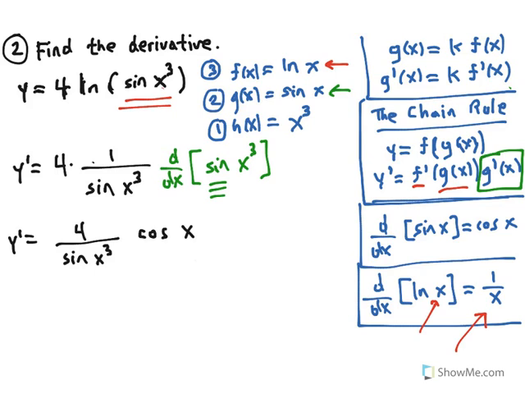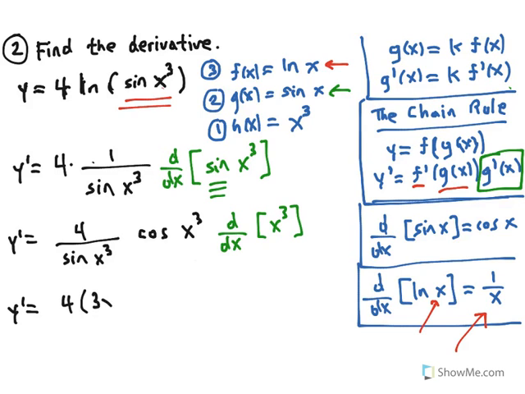So we have cosine of x cubed, and then multiply that by the derivative with respect to x of the inside function x cubed, which we can use the power rule to find that the derivative of x cubed is 3x squared.